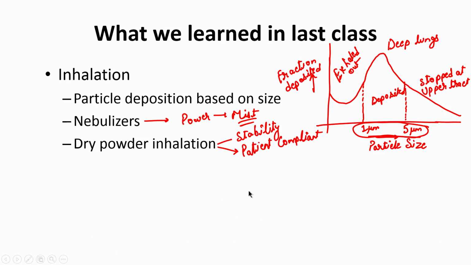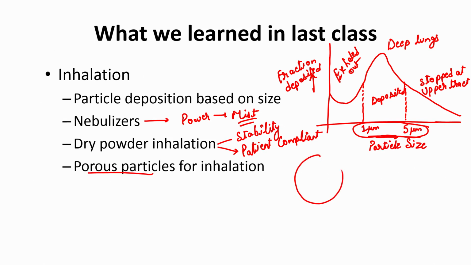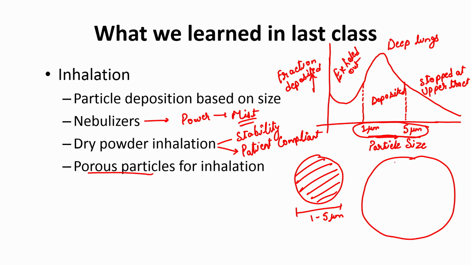So, this is what we discussed, and then finally we discussed how we can play around with these dry powder particles, where we can engineer the particles. If it was supposed to be a solid matrix, then I would have required 1 to 5 micron of the actual diameter, but what you can do is you can actually make a bigger particle, but instead of a solid matrix, you have a very porous matrix.